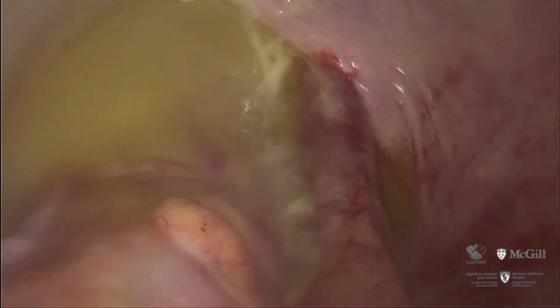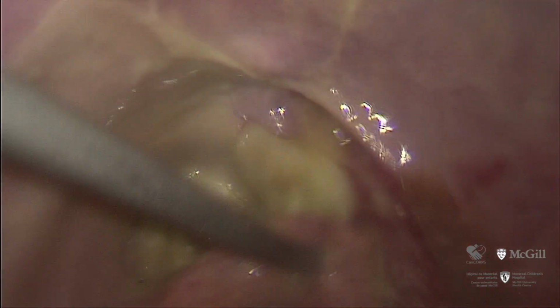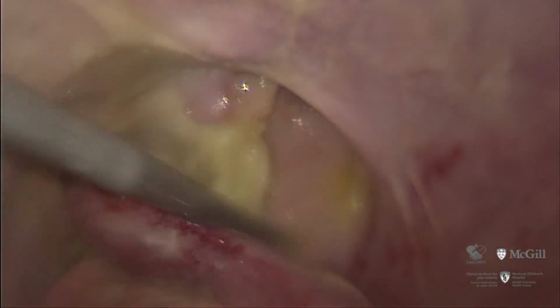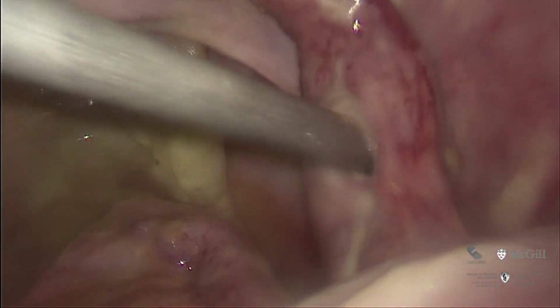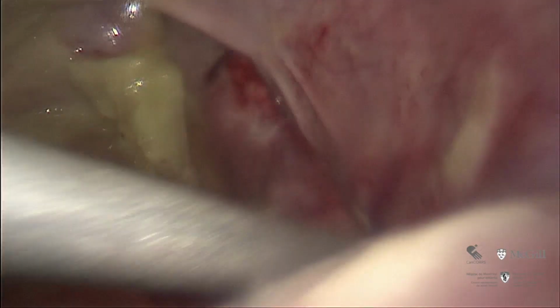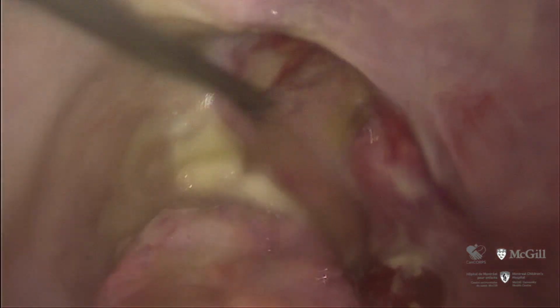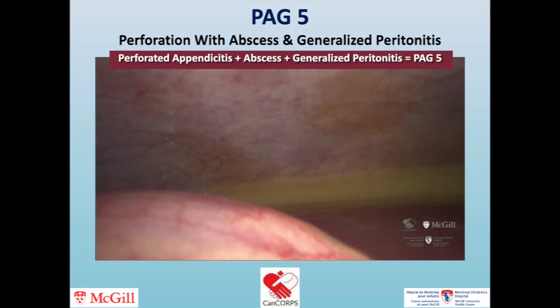The appendix is finally mobilized out of the pelvic abscess cavity. This is clearly a perforation with a large pelvic abscess and generalized peritonitis, assigned a PAG 5.